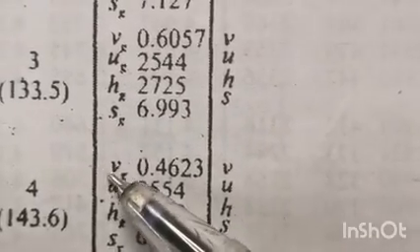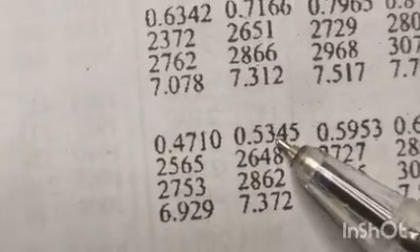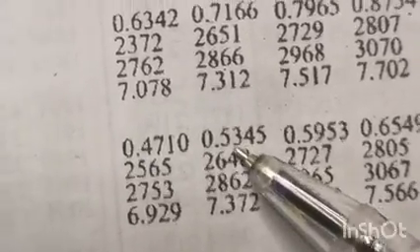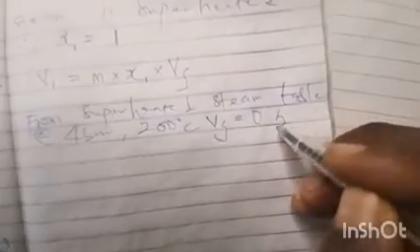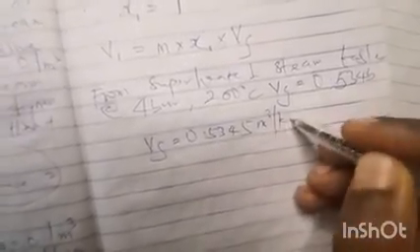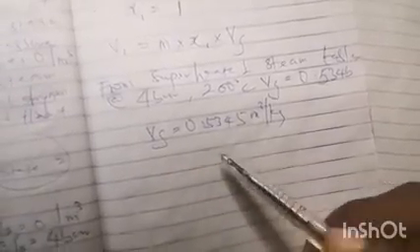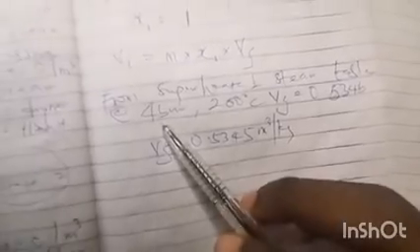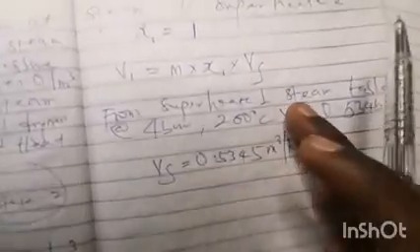The first is always VG, the specific volume, so VG equals 0.5345 meter cube per kilogram, since it's specific. That is the value of specific volume at 200 degrees Celsius and 4 bar, at the superheated steam.